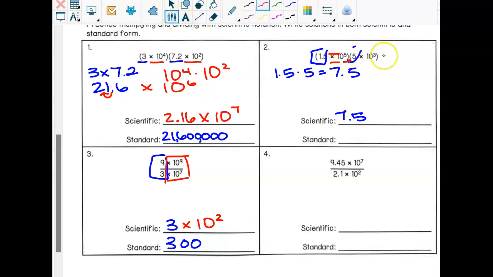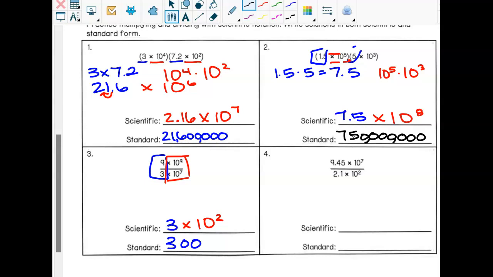So 10 to the 5th times 10 to the 3rd becomes 10 to the 8th. When you write that out in standard form, 7, 5. So that's 1, 2, 3, 4, 5, 6, 7, 8. 2, 3, 4, 5, 6, 7, 8. So 750 million should be your answer in standard form.